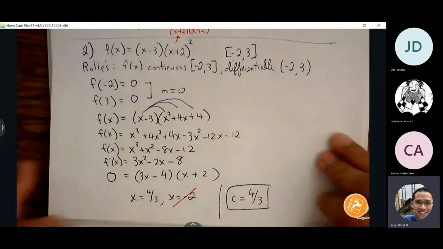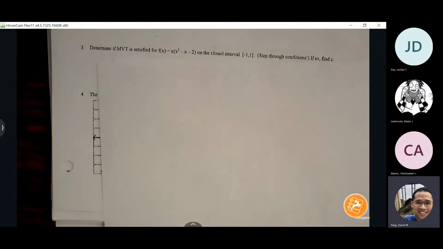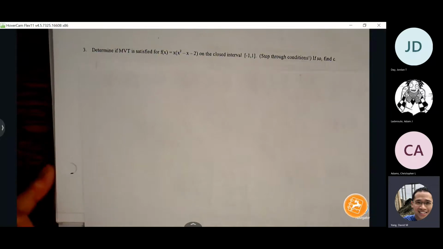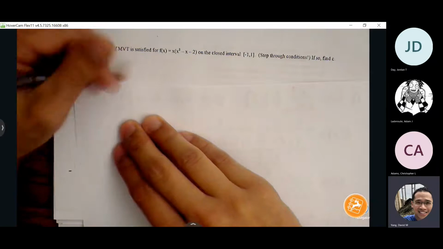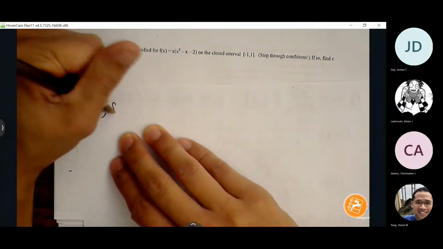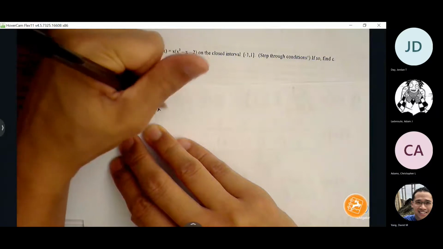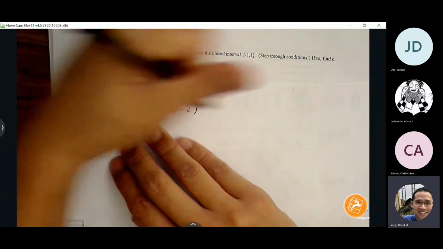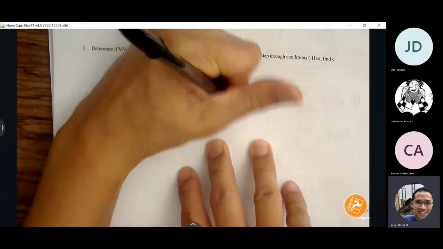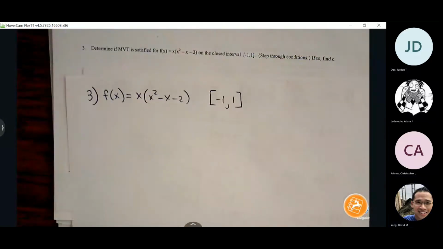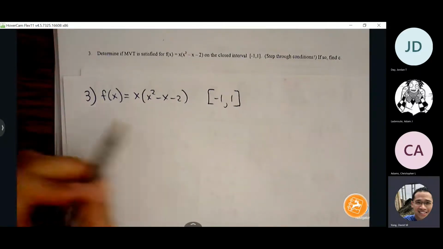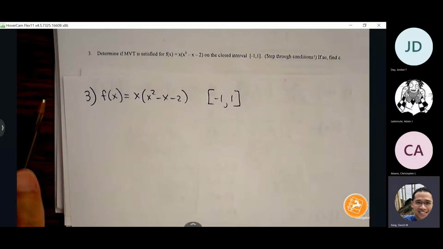Okay, number 3. Mean value theorem. Polynomial, no issues.